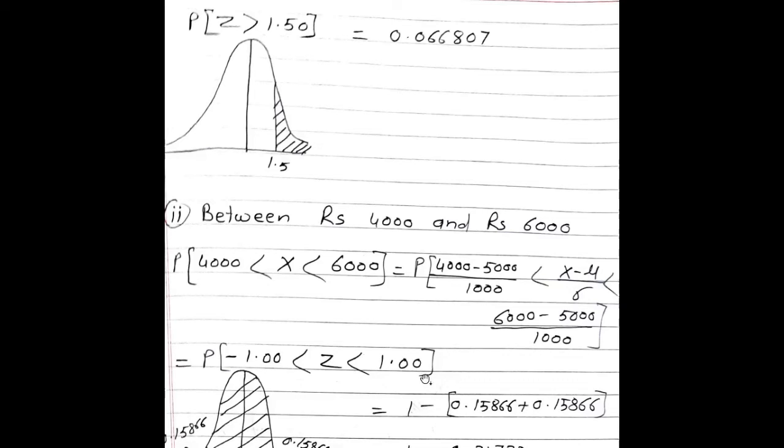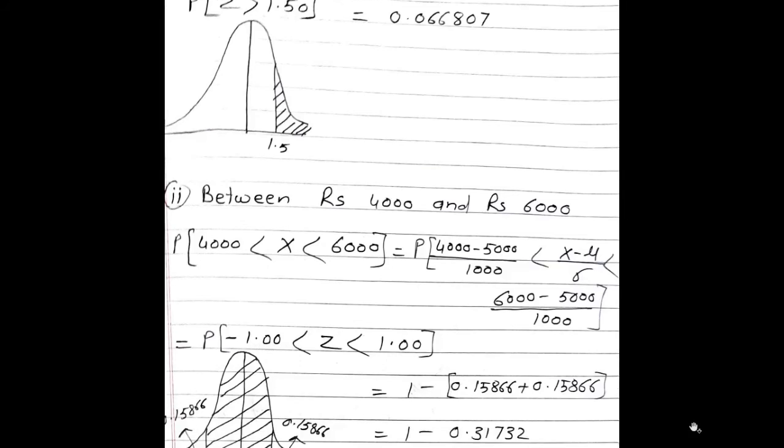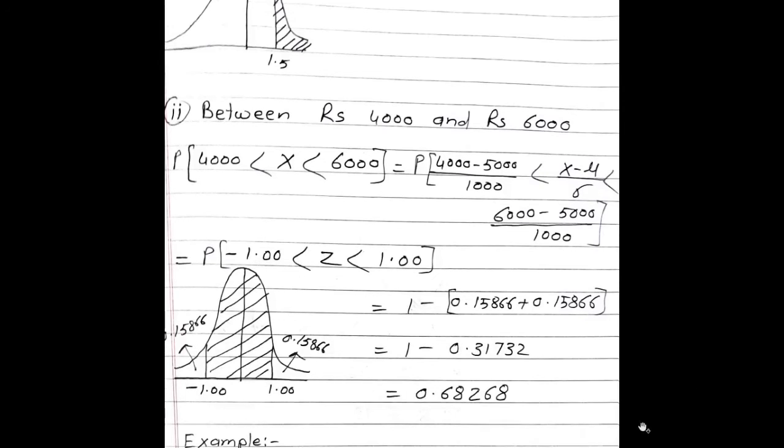Just now we have seen how to see the value for 1.5. Now we will see how to see this one. First of all, we'll draw the curve. This is the normal probability curve. Minus 1.00 will come on the left hand side and plus 1.00 will come on the right hand side.